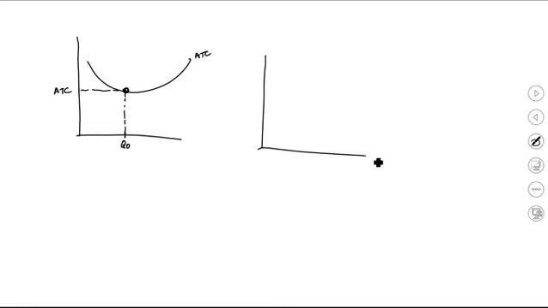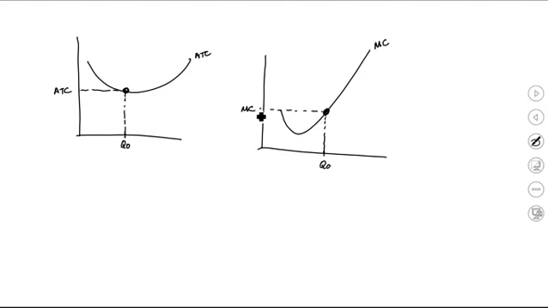And if I gave you marginal cost and said output's Q0, you'd go from Q0 up to the marginal cost curve and over. We simply read the heights of cost curves. So why can't you do it on the graph that I just gave you? We already know how to do this.